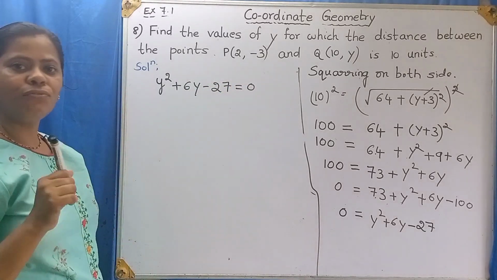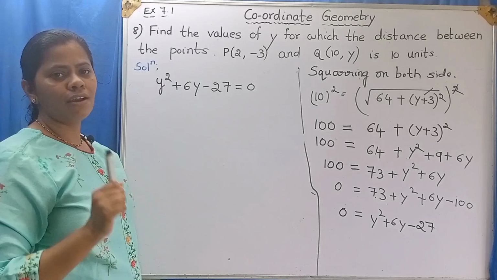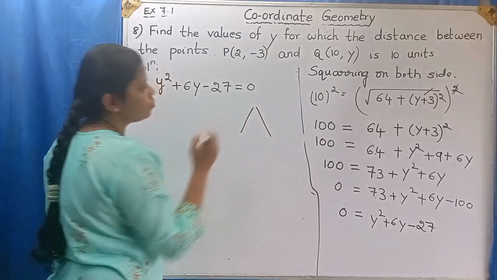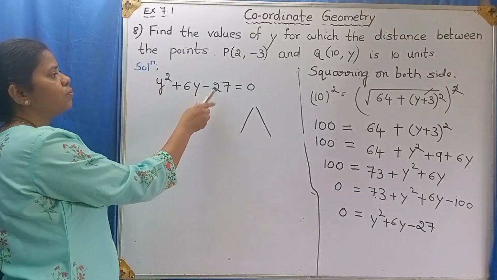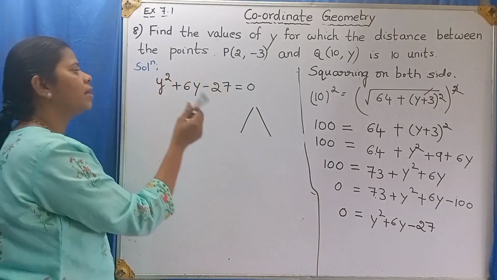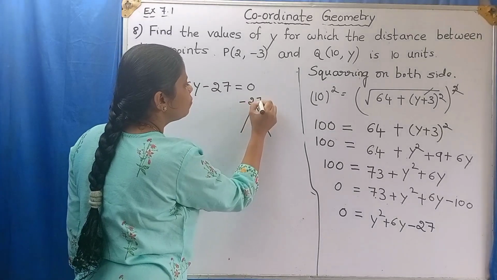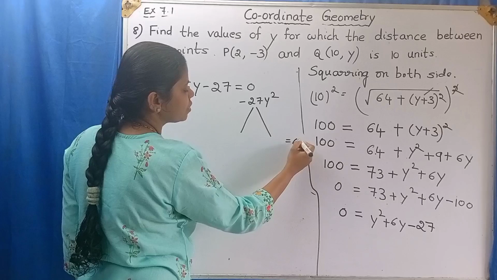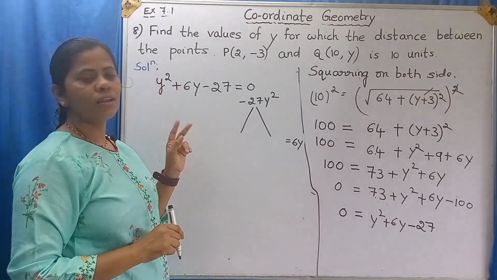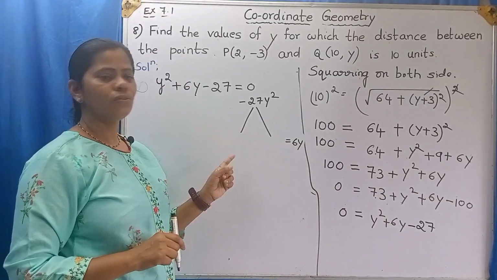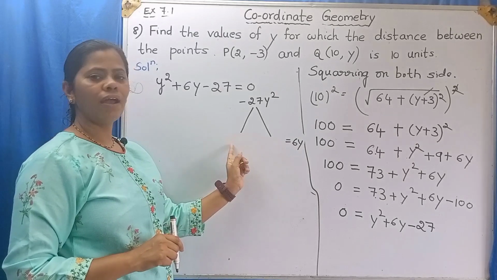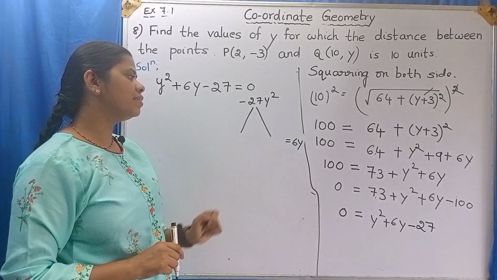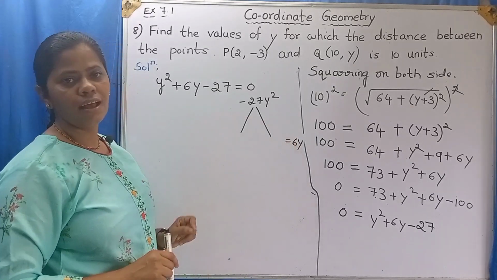We have learned to factorize in the quadratic equation lesson. Hope you know that. What we have to do? We have to multiply these two, that is minus 27 y square, and the middle term is plus 6y. We have to find two factors such that when we multiply these two factors, we get this as the answer, and when we subtract these two factors, we get this as the answer.